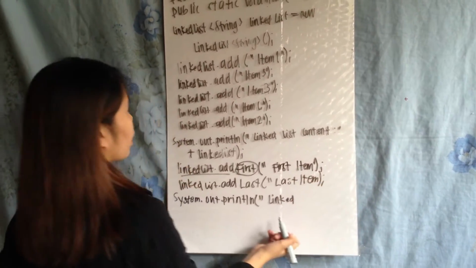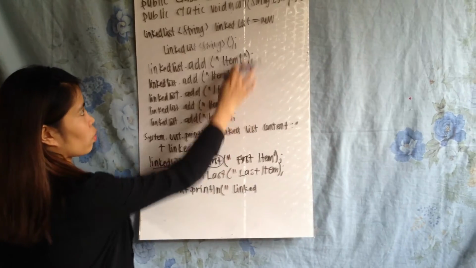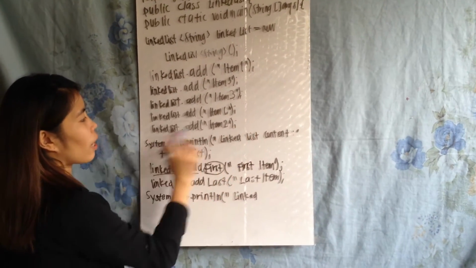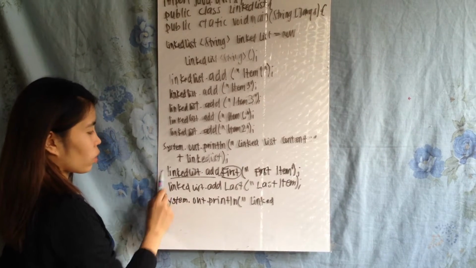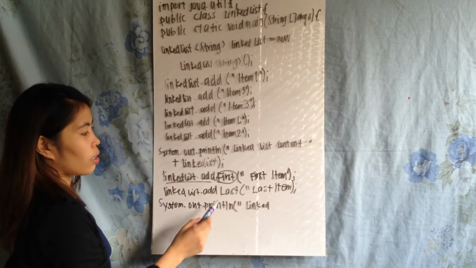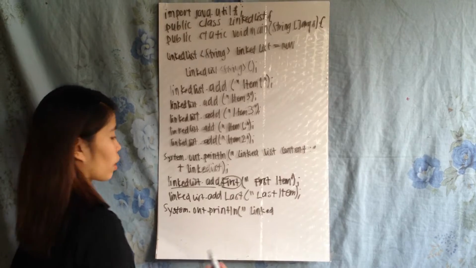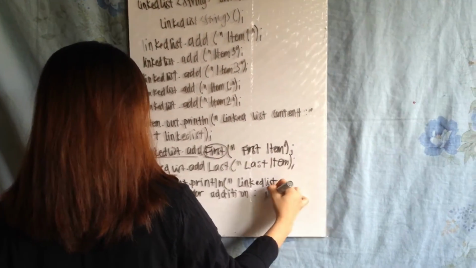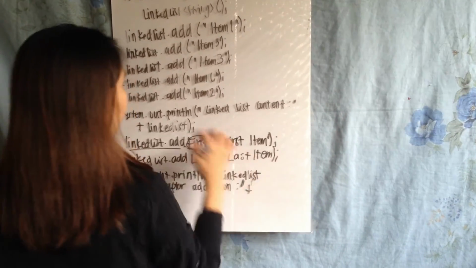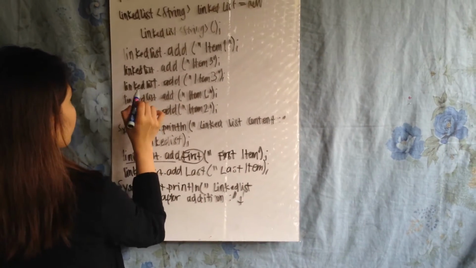Ang gagawin natin muna is papalabasin muna natin tong 5 elements, 5 items na nilagay natin bago natin i-display tong first and last na gusto natin ipakita sa program. So, plus yung variable pa rin na ginamit natin dito.